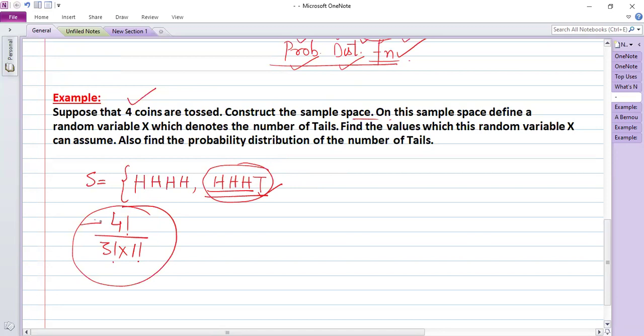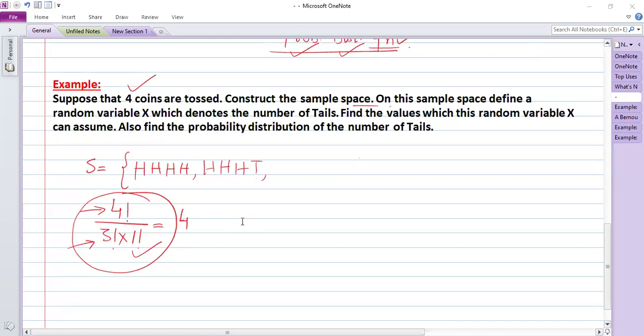Why 4 factorial? Because there are four things to be arranged in four places. Why divide by 3 factorial? Because out of these four, three are the same, three are heads. And this 1 factorial corresponds to the T. So this combination has these many permutations. Now, what are these four permutations?